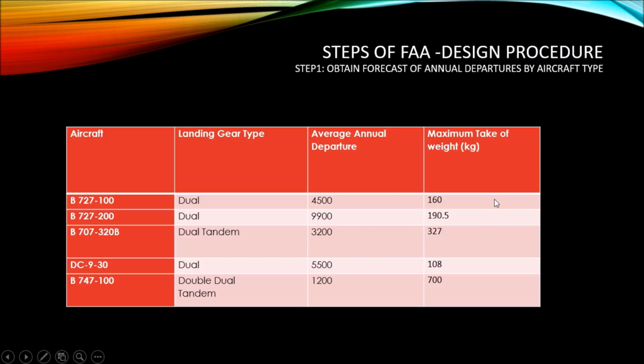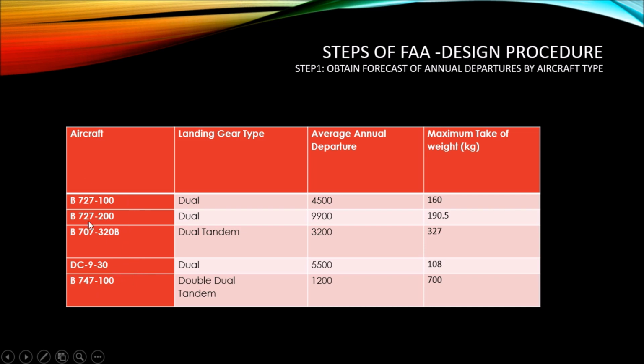So the next thing we look at is an example of how to perform this calculation. We have aircraft types: B727-100, 727-200, 707-320B, DC-9-30, and B747-100.